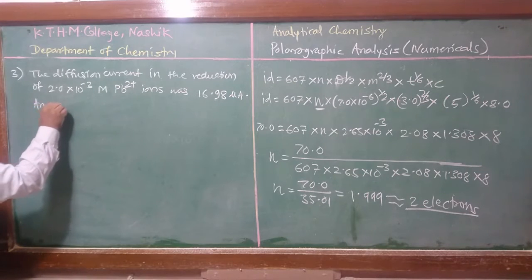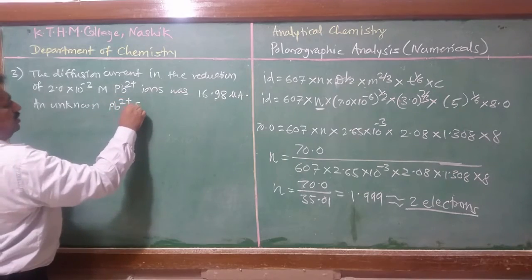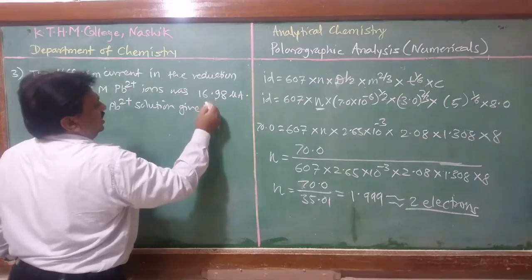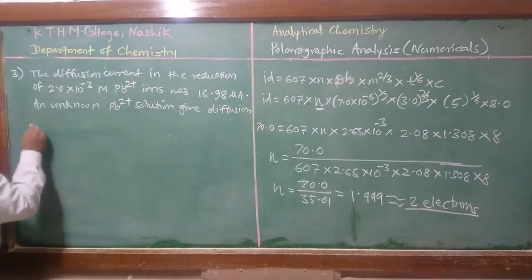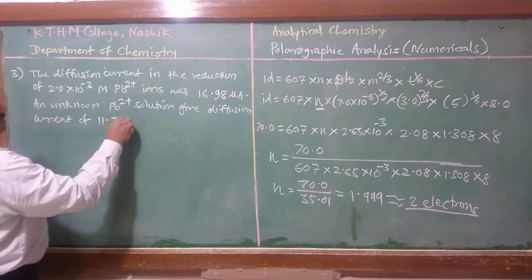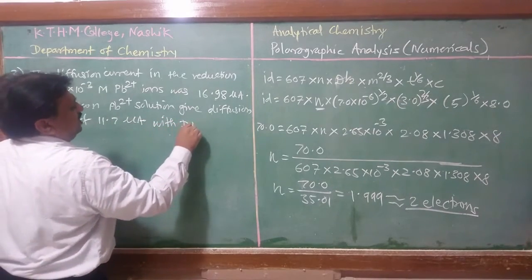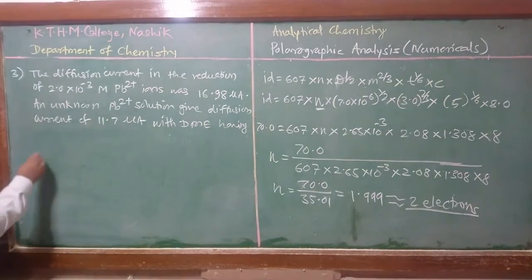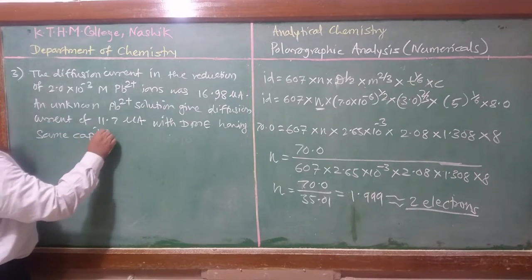An unknown Pb2 plus solution gives a diffusion current of 11.7 microampere with a DME having the same capillary characteristic.